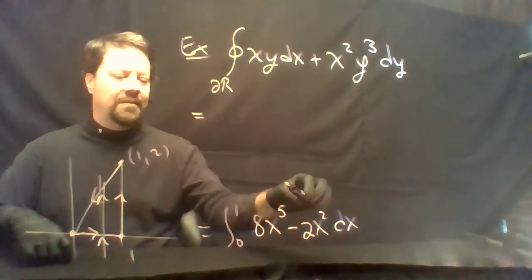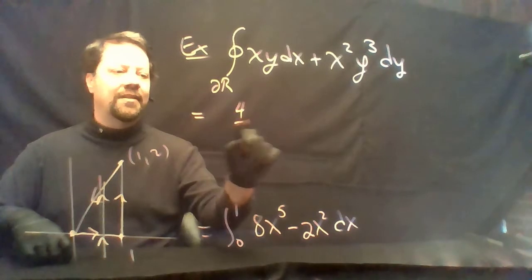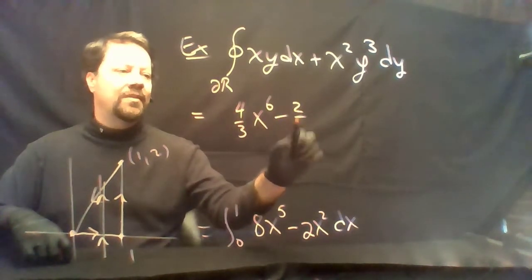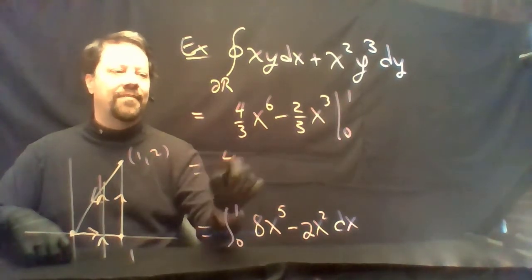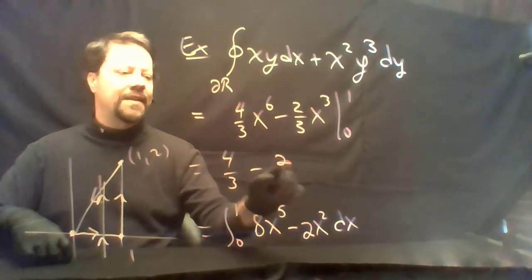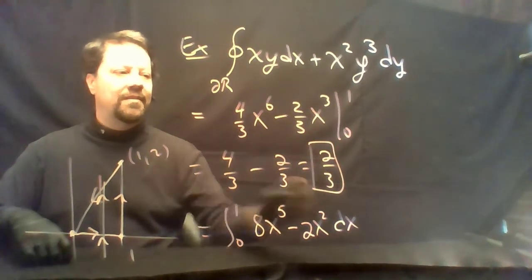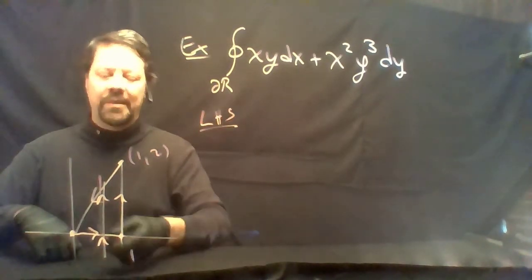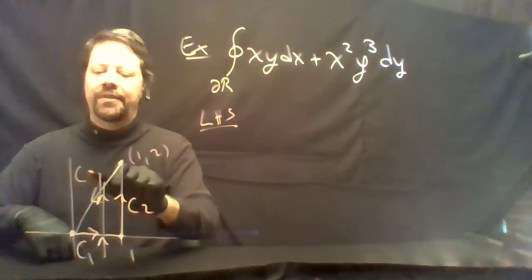Integrating, we'll have x to the 6th over 6. We can cancel and get 4/3 x to the 6th minus 2/3 x cubed, evaluated from 0 to 1. That's 4/3 minus 2/3, and the answer is 2/3.